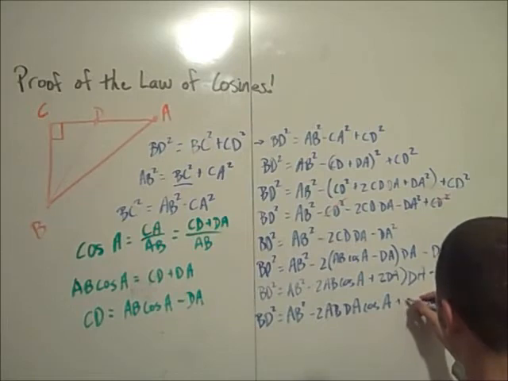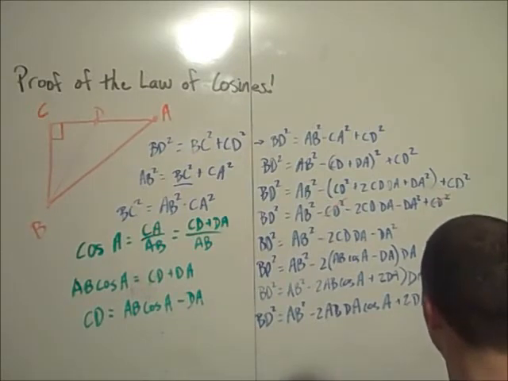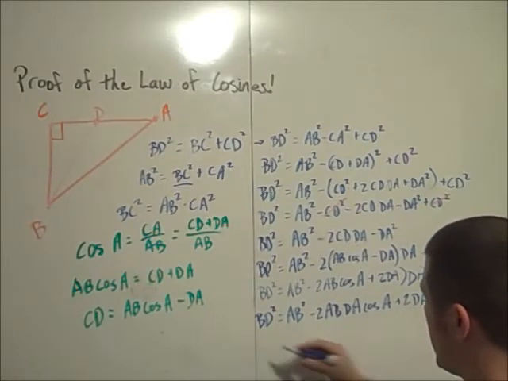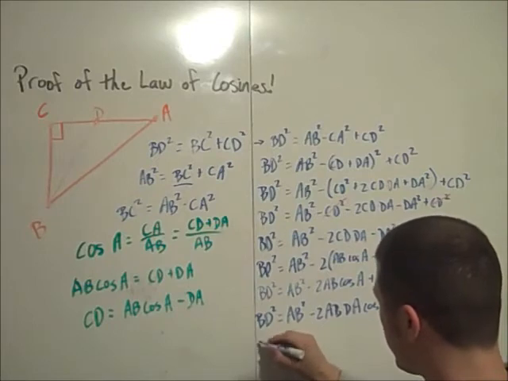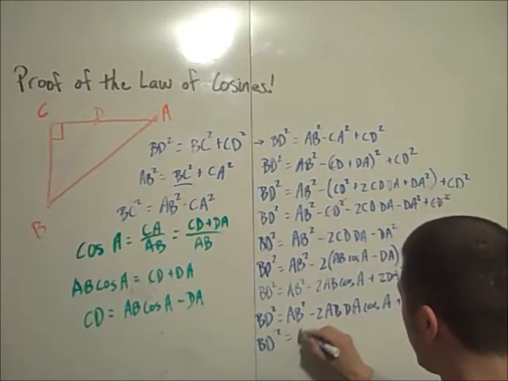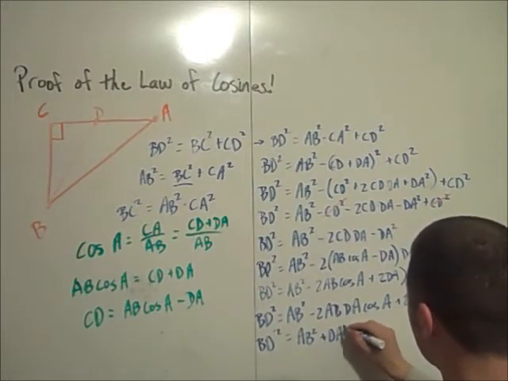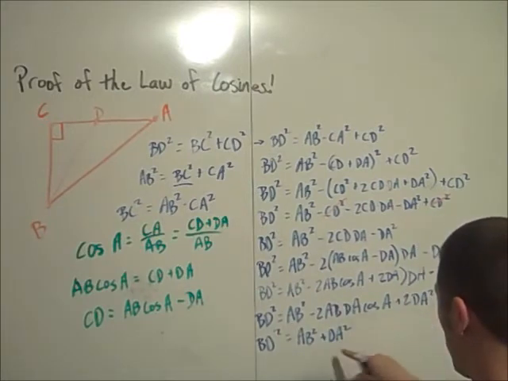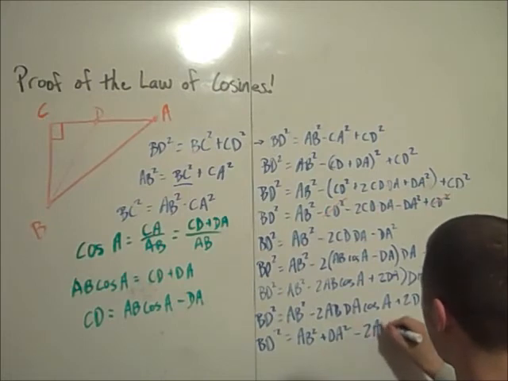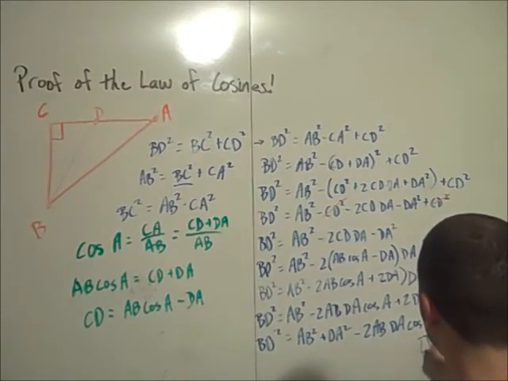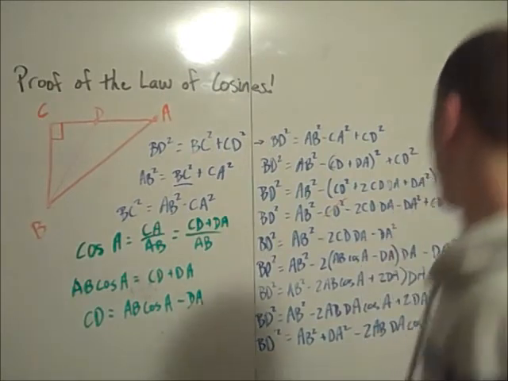So that's plus 2 DA squared minus DA squared. 2 DA squared minus DA squared is 1 DA squared. So I'm left with BD squared equals AB squared plus DA squared. I had 2 of them, I subtract 1 of them, I get 1 of them, minus 2 AB DA cosine A. And that actually concludes the proof for the law of cosines.